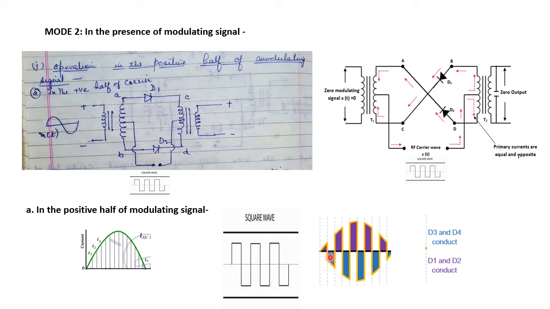And for what duration? For the duration in which the negative cycle of the square wave or the carrier wave was present. For this particular duration, the modulating signal will be inverted.